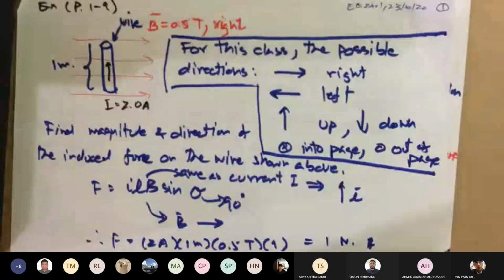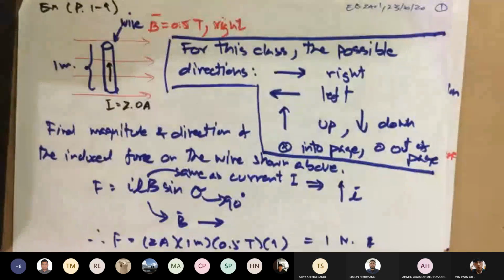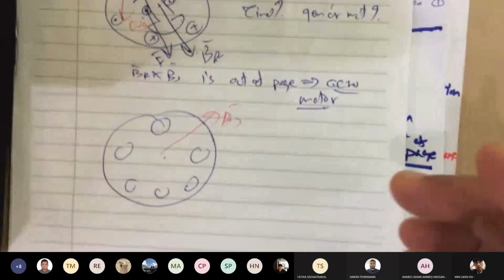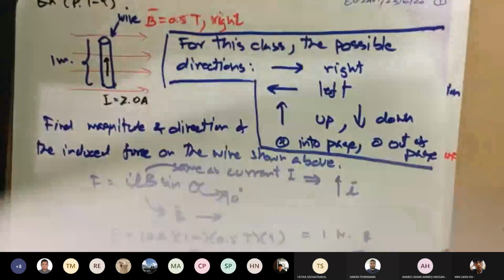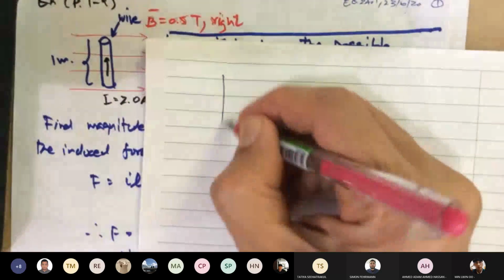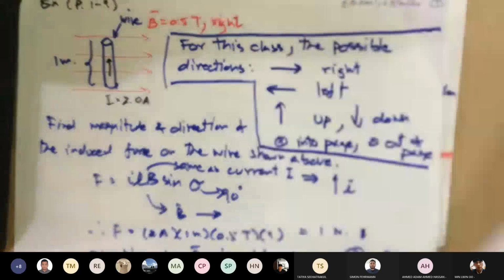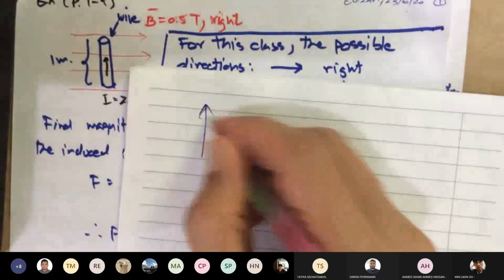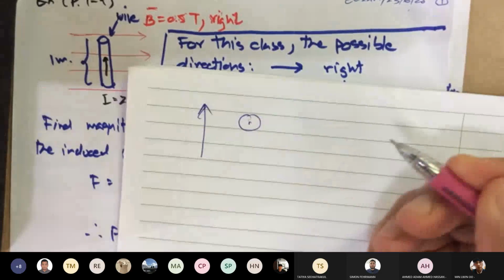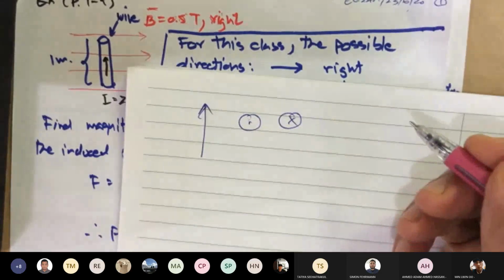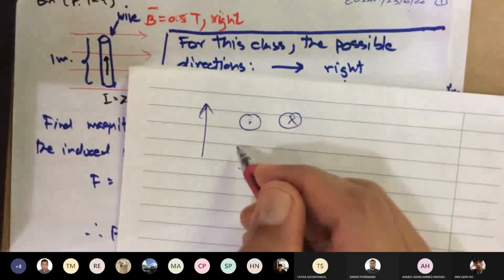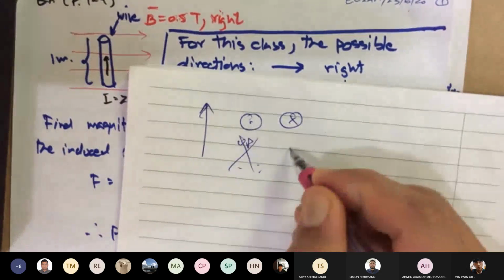Okay, now why do I have to tell you this? Because sometimes in the past I found that some students would say, hey, this is, no, I'm sorry, this is up, this is down, like down to the page, up, I don't know how. Wrong.